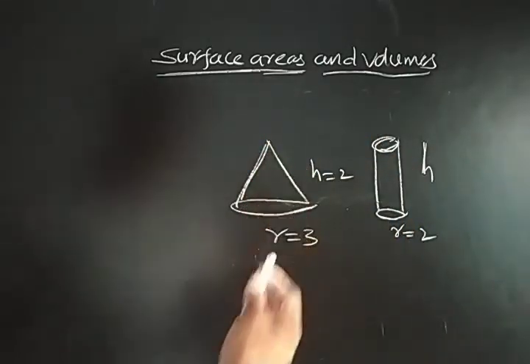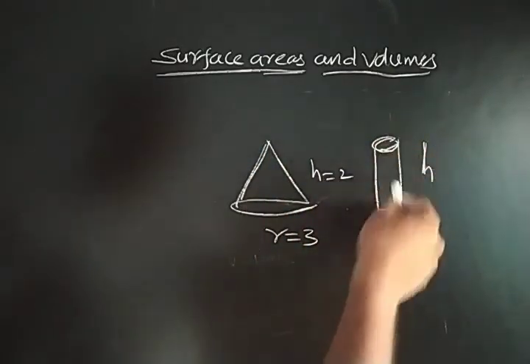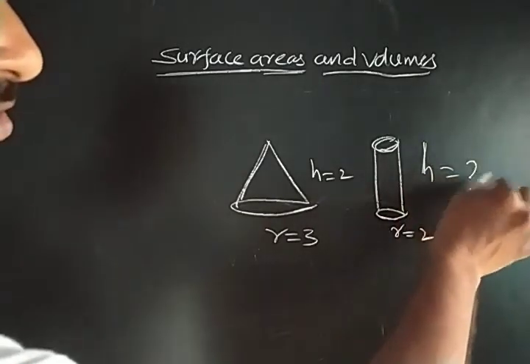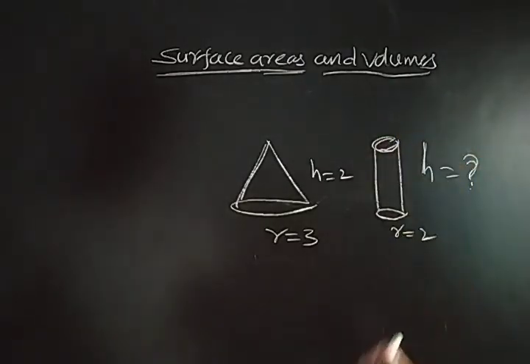They will give the height and radius of the cone. After melting this cone and recasting into a cylinder, they will give the r value and ask what is h. Or they can give h and ask r.